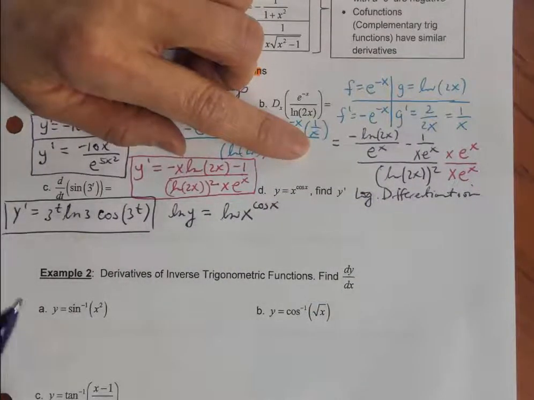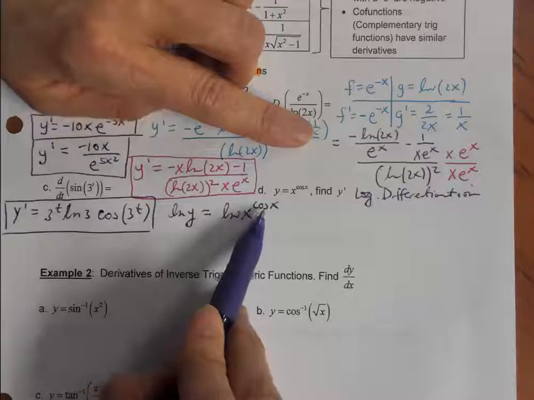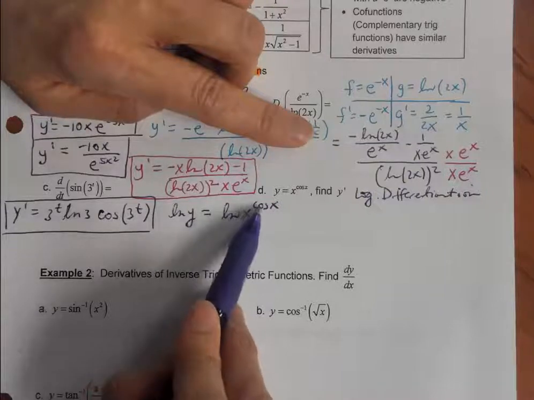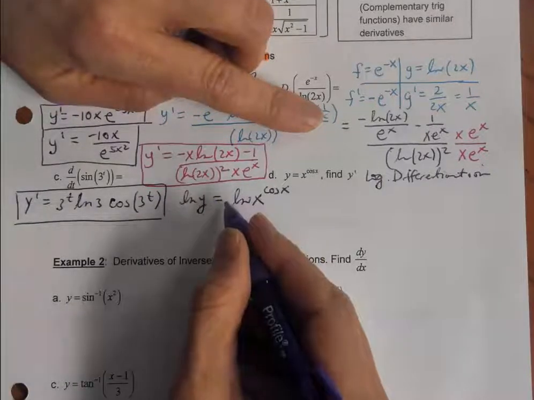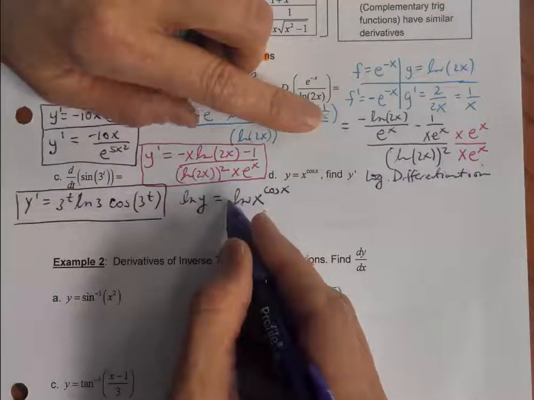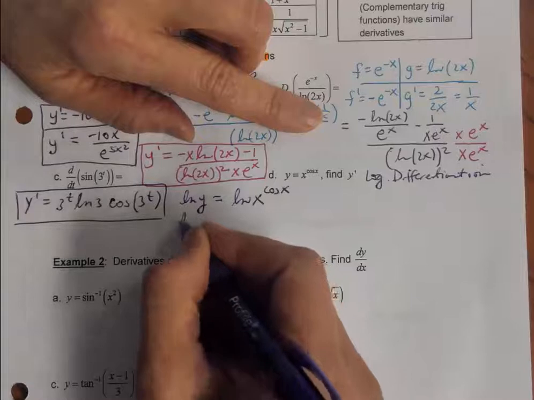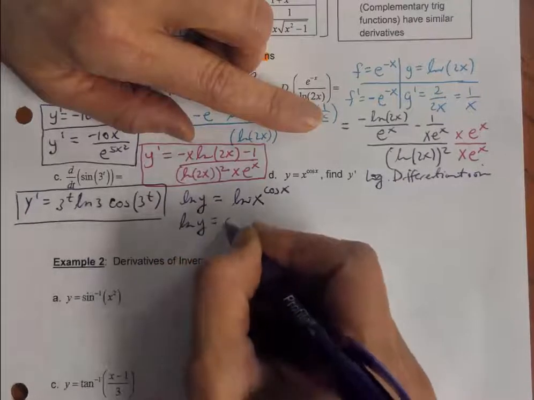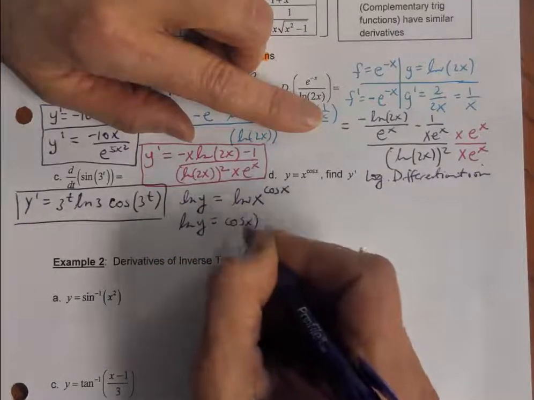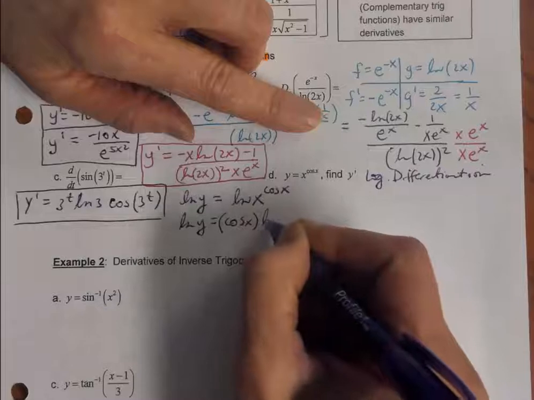I haven't taken the derivative yet. Now use one of the rules. So what is it when you take cosine of x to that power? Yes, it becomes, usually we say a constant multiple, but this is just going to be a function that's going to be multiplied. So it'll be the natural log of y is equal to cosine of x, so that is one part of it, and then you're multiplying it by the natural log of x.